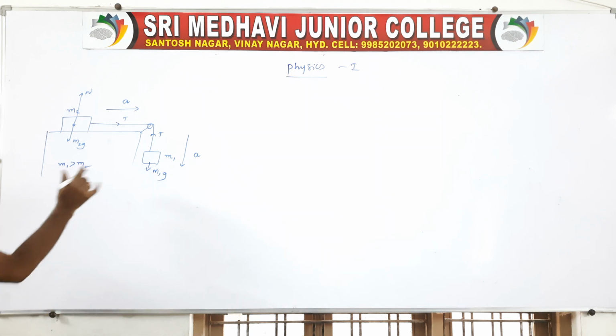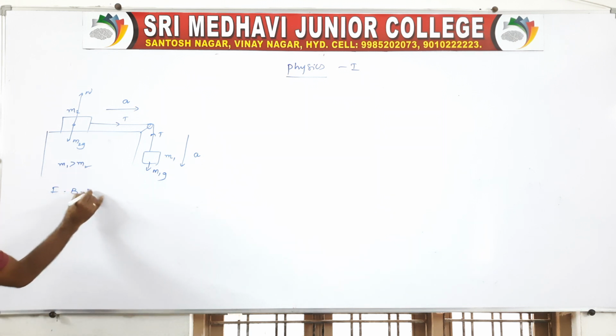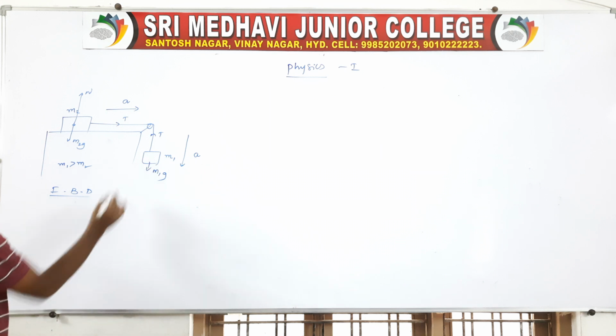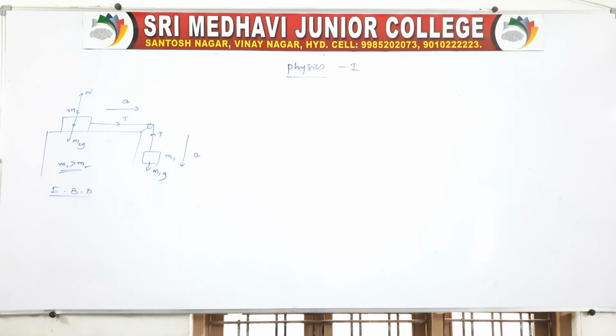Now let us take the first free body diagram, FBD. Take the m1 block, with the condition m1 greater than m2.